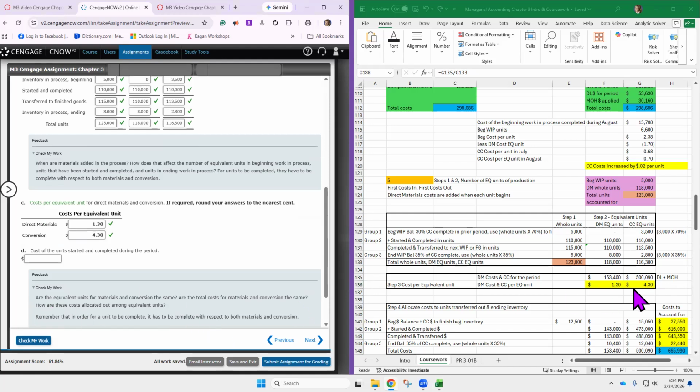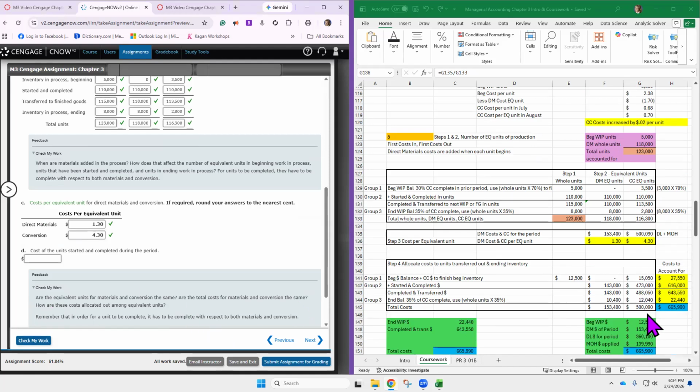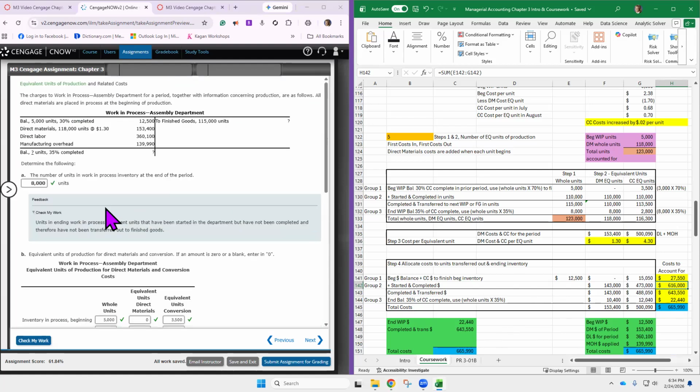Okay, then the next thing they want to know is what is the total for started and completed here? That's what they're asking for. Cost of the units started and completed during the period. Okay, so down here, we're going to allocate cost. And we have to refer to this up here sometimes because we forget what's going on.